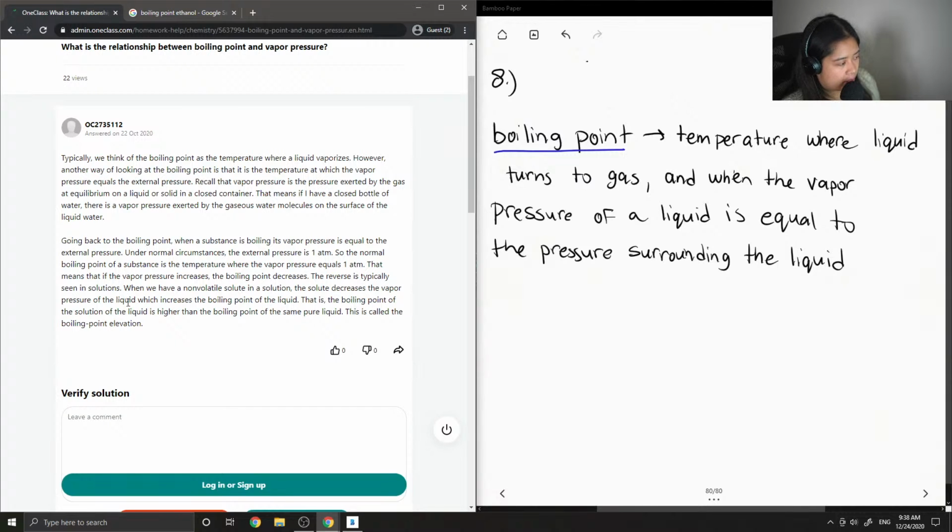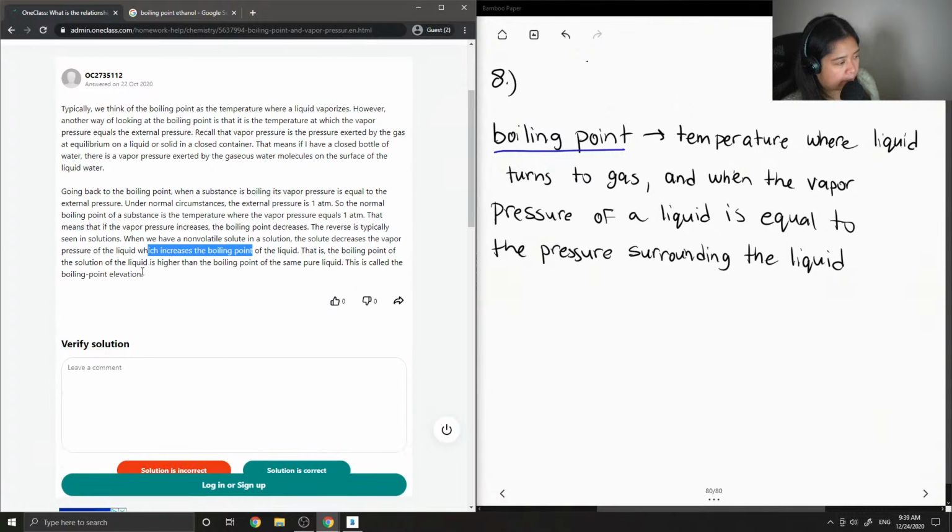The reverse is typically seen in solutions. When we have a non-volatile solute in solution, the solute decreases the vapor pressure of the liquid, which increases the boiling point of the liquid. That is, the boiling point of the solution is higher than the boiling point of the same pure liquid. This is called the boiling point elevation.